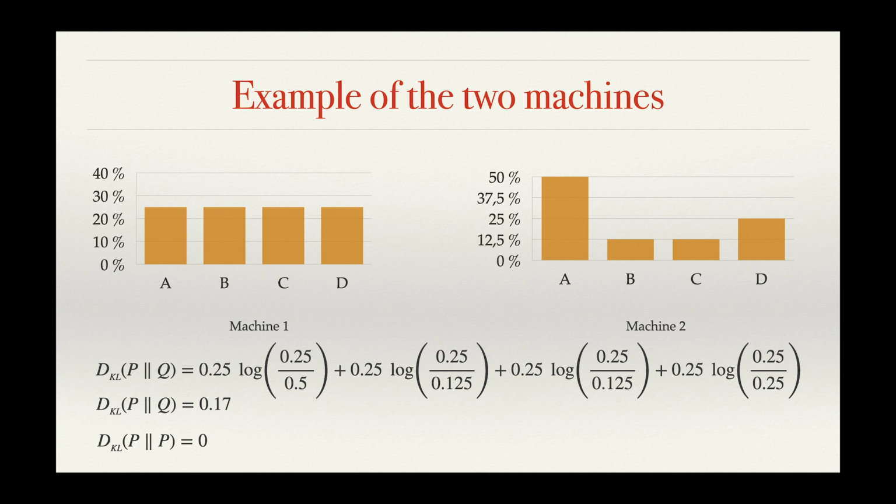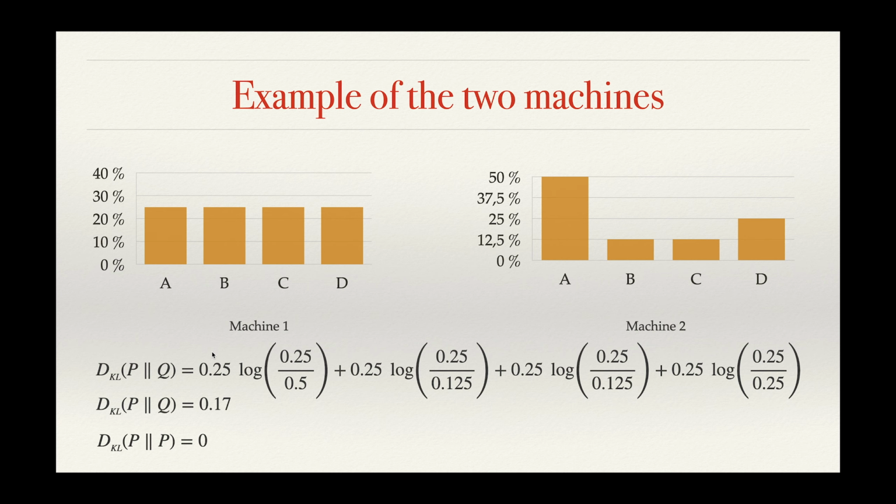So let's look again at the two machines example. We have machine 1 and machine 2. They have different distributions, distribution 1 and distribution 2. If we want to estimate the KL divergence between these two, we apply the KL divergence formula. We are taking the expectation from machine 1's point of view.